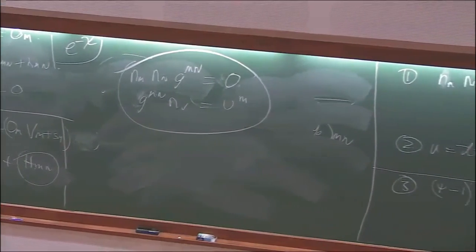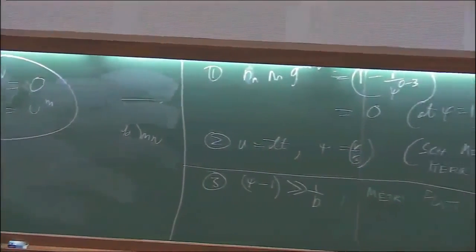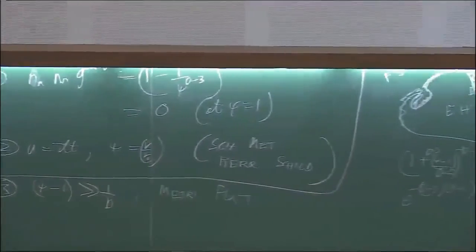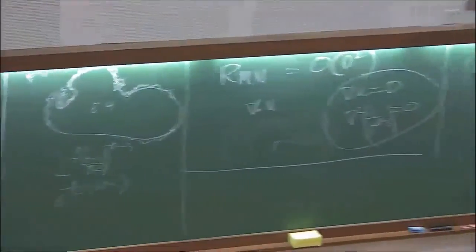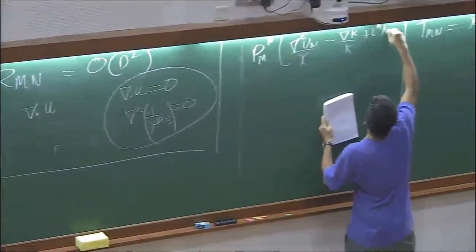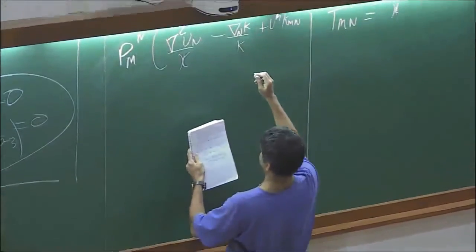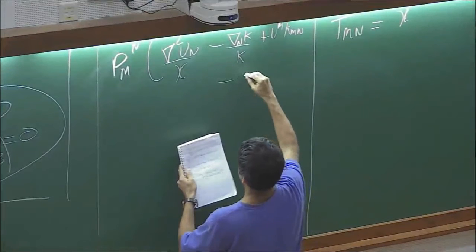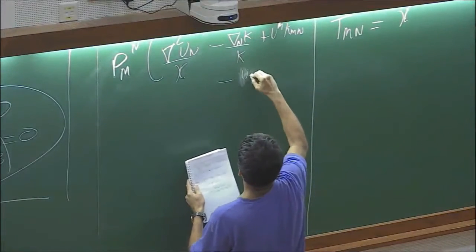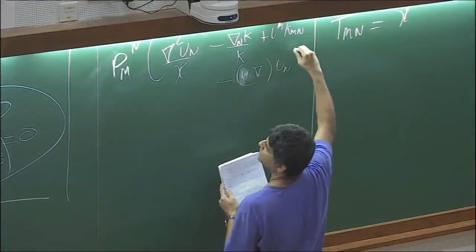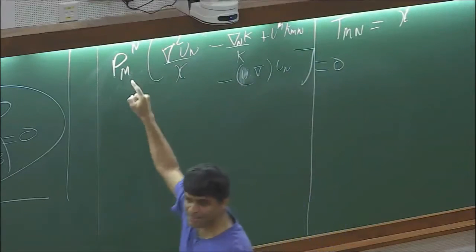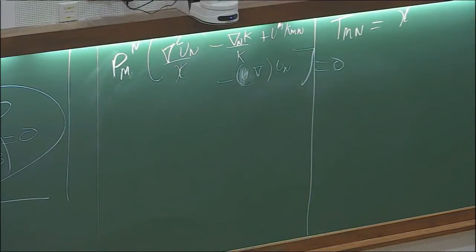This is kappa, my kappa. Where this PMN once again is a projector orthogonal to both n and u.